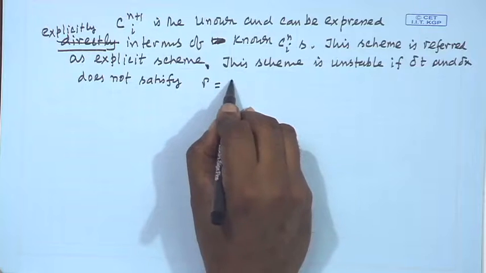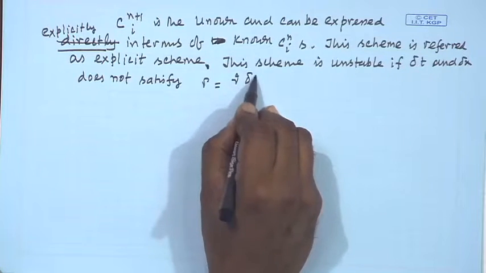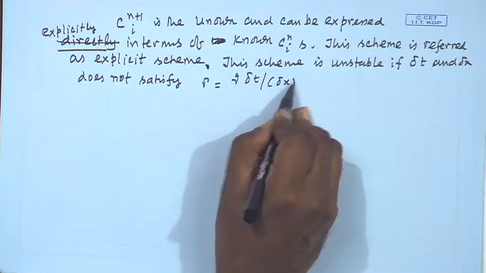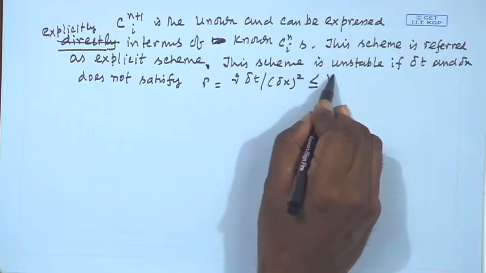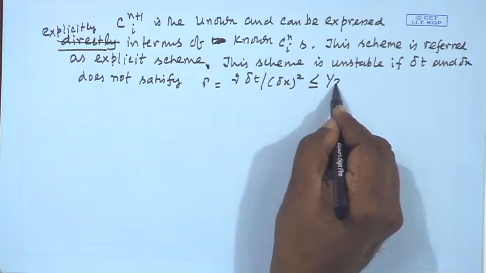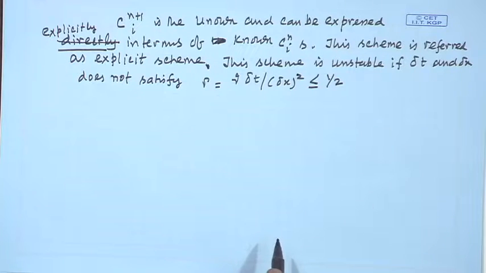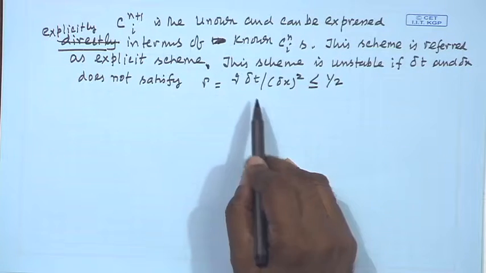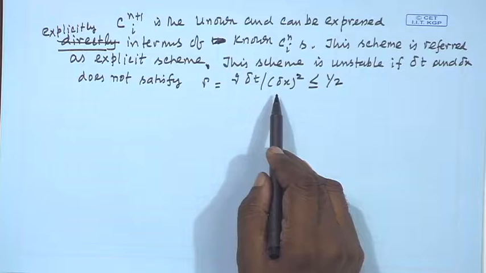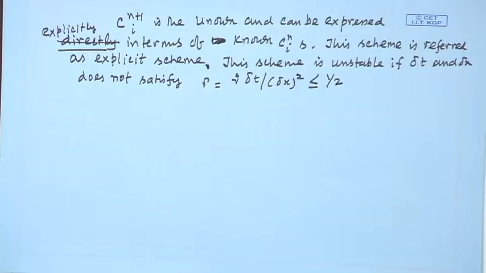This is the parameter r, delta t by delta x whole square, which should not exceed the limit. If it does not satisfy this condition, then it is unstable. So that is another bottleneck, because you have to choose delta t very small compared to delta x.